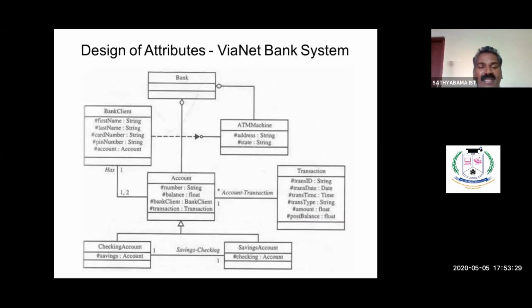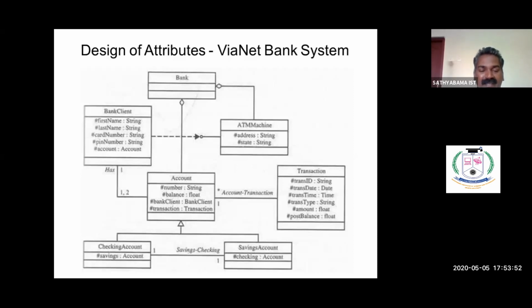In this ViaNet bank system, seven different classes are defined. Their attributes are defined, their visibilities are defined, their relationships are defined. How one class is associated with another class, and how one class is related to the other class, are defined.